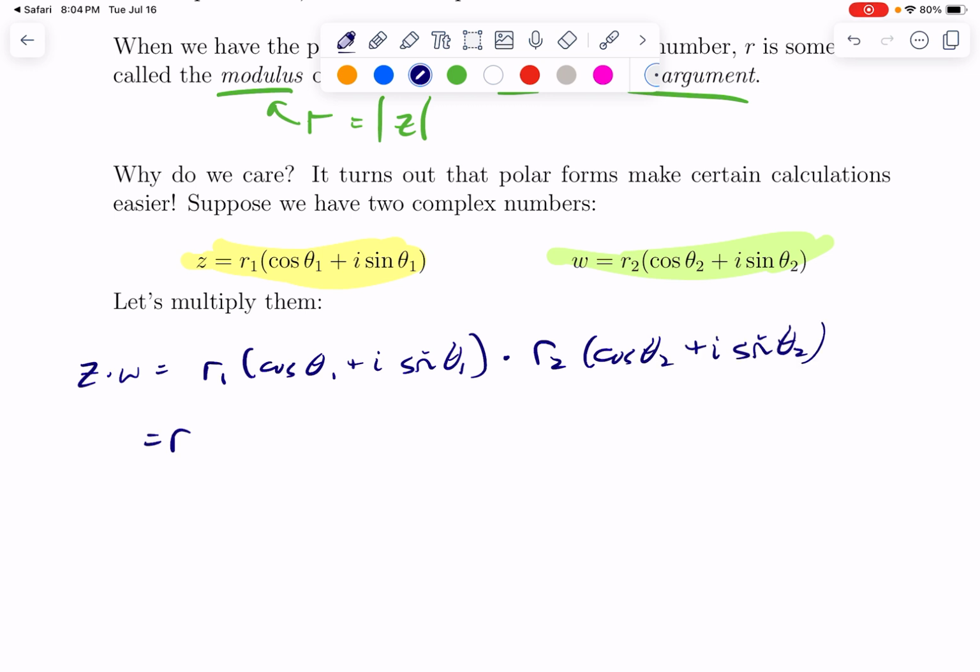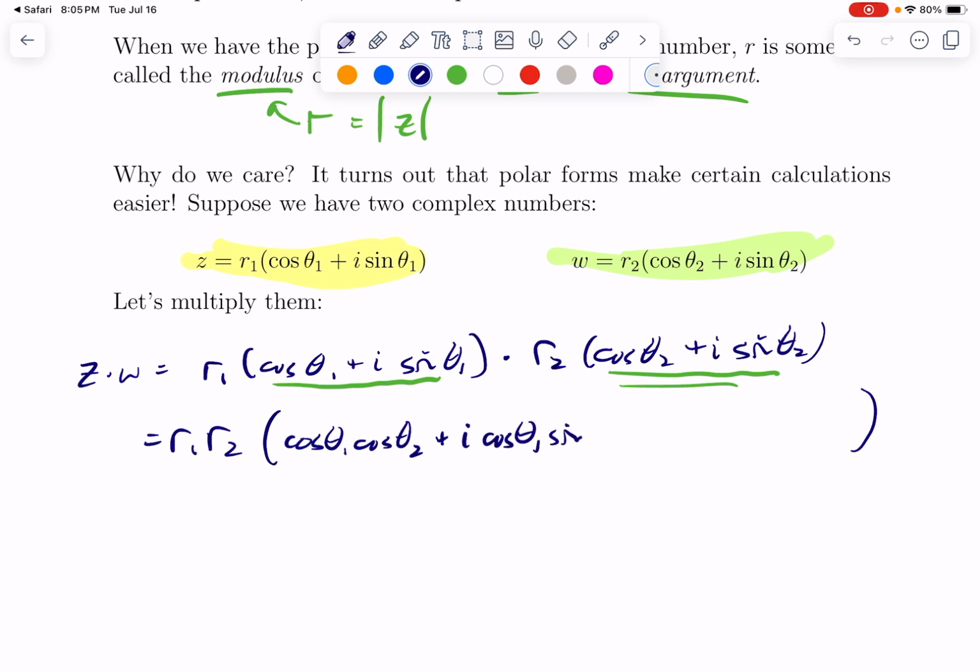So here's what I'm going to do. I'm going to pull out those two moduli, and then I have a binomial here and a binomial here. I'm going to FOIL them out. So I have cosine theta 1 times cosine theta 2. My outers would be i times cosine theta 1 sine theta 2.